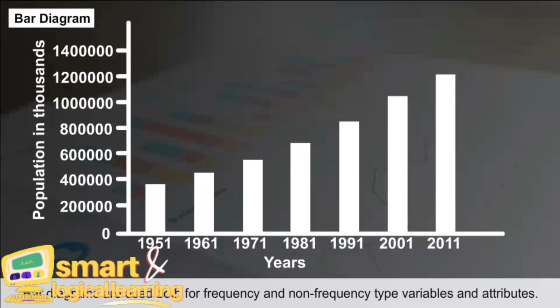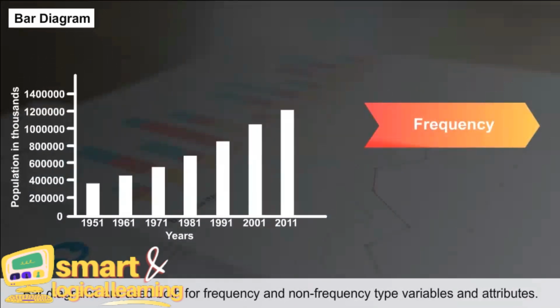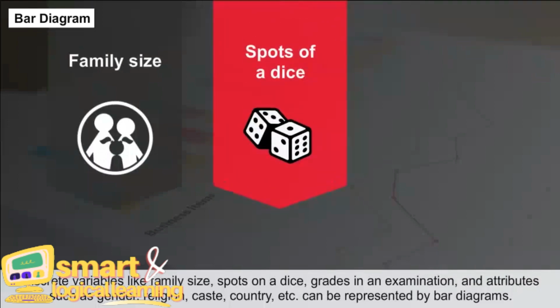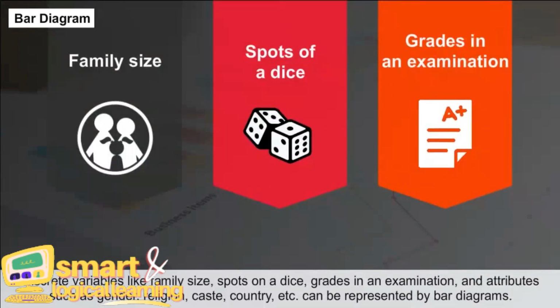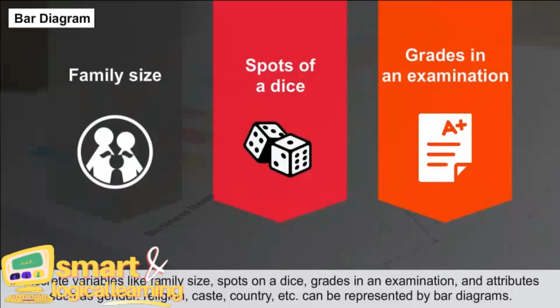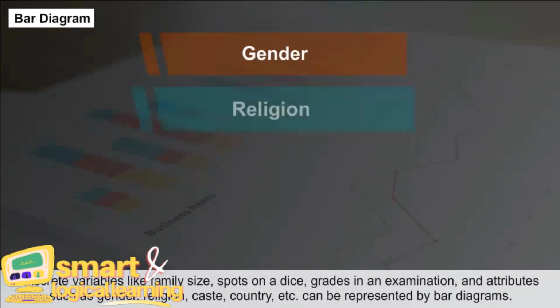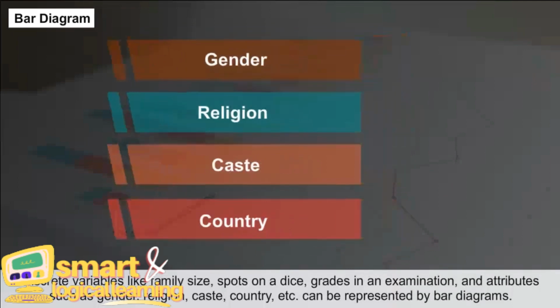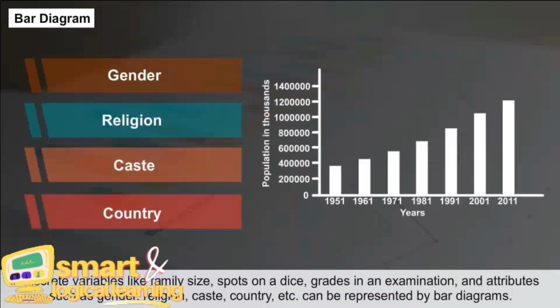Bar diagrams are used both for frequency and non-frequency type variables and attributes. Discrete variables like family size, spots of a dice, grades in an examination, and attributes such as gender, religion, caste, country, etc. can be represented by bar diagrams.